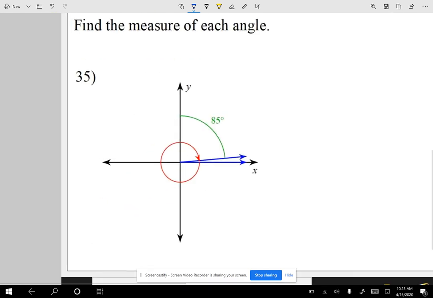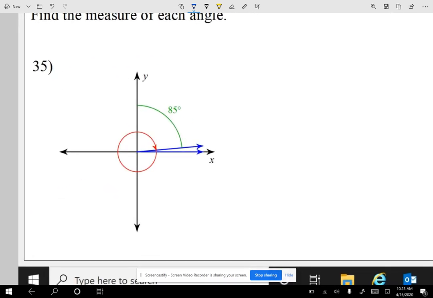All right, let's take a look at number 35. So I start here. It seems like almost the whole circle, a little less. So right from the bat, I'm expecting a number just a little bit smaller than 360. Okay, so I go this way, that's 90. That's another 90.